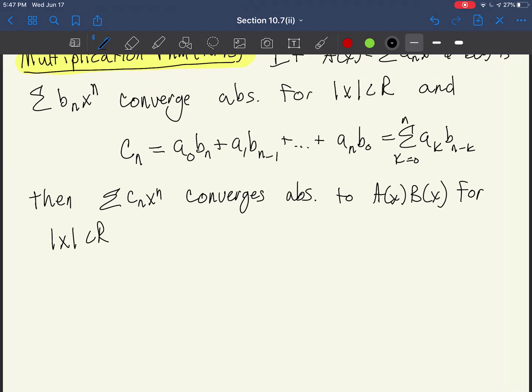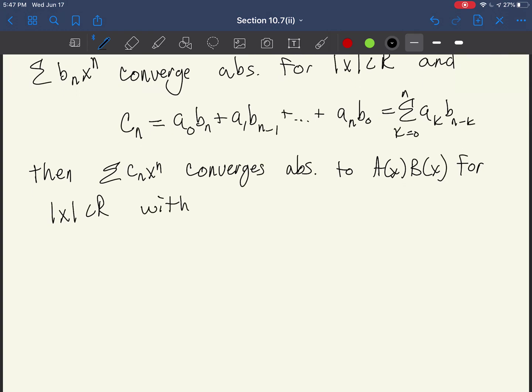And it converges for the absolute value of x less than R. So it has the same radius and interval of convergence.